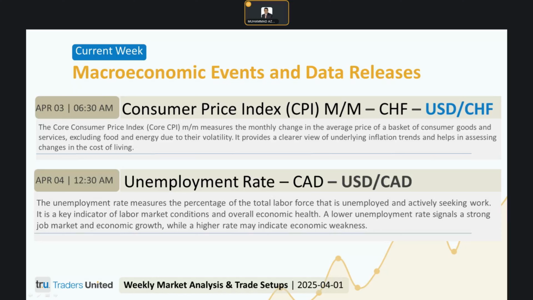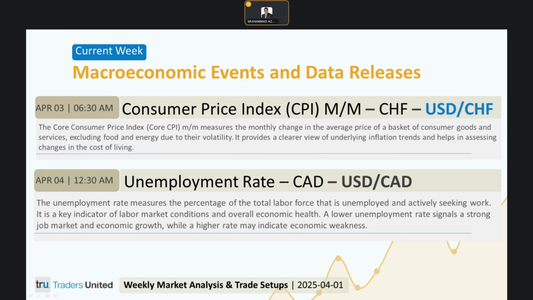Now, the April 3rd, 2025 report: the previous number was 0.1%. The forecast is 0.1%. The actual data did not release yet. The market expects inflation steady at 0.1%, but any deviation from this figure could trigger significant movement in the USD CHF currency pair.